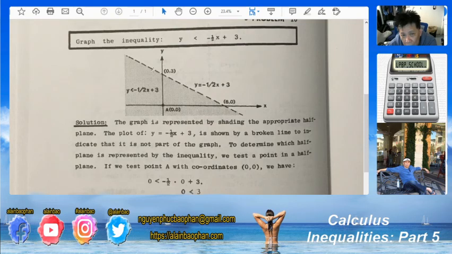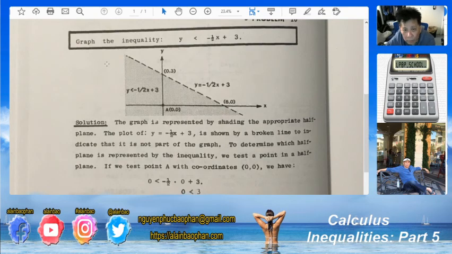The straight line is where y equals minus 1/2 x plus 3, and we need y less than minus 1/2 x plus 3.